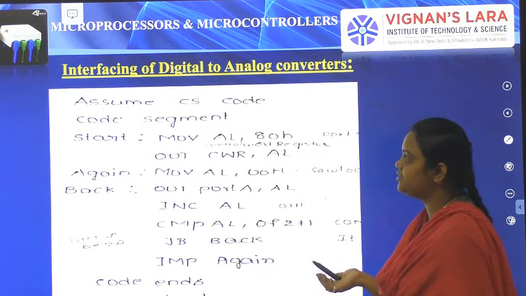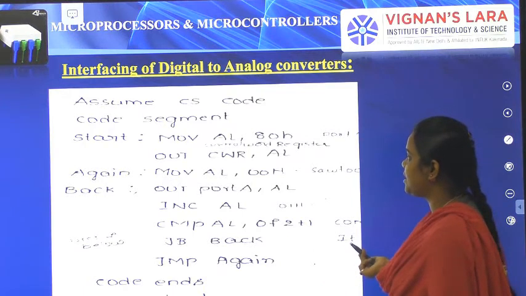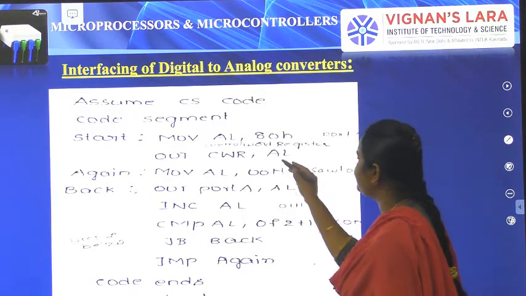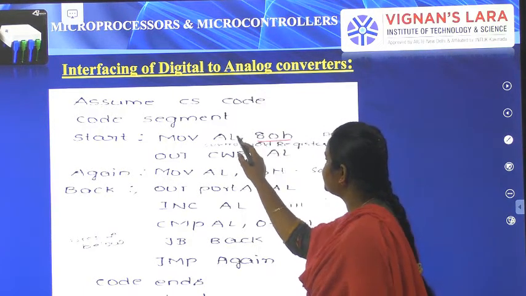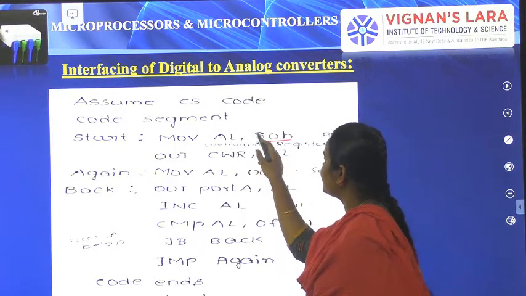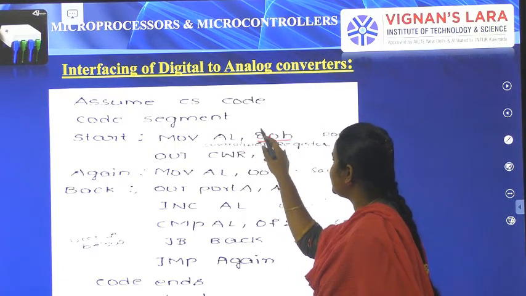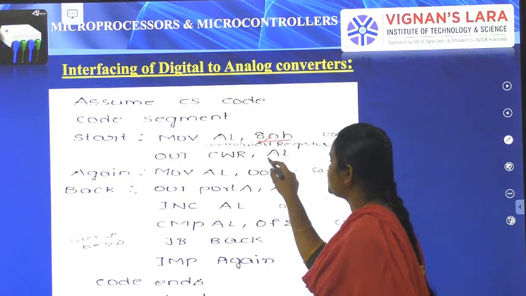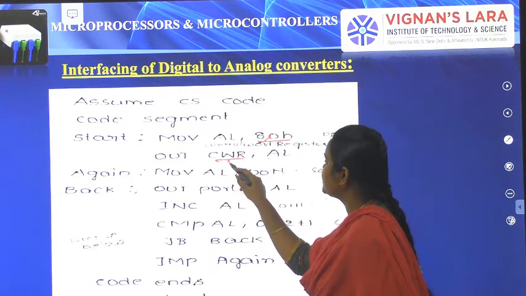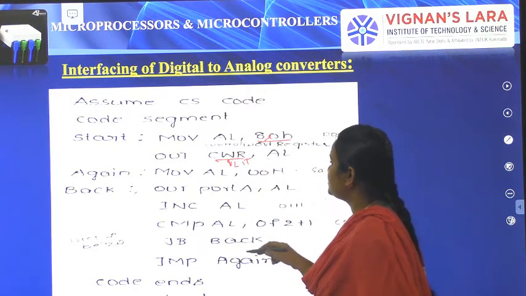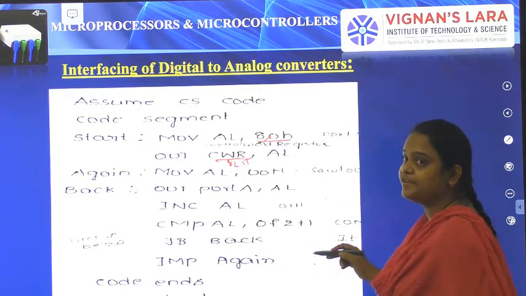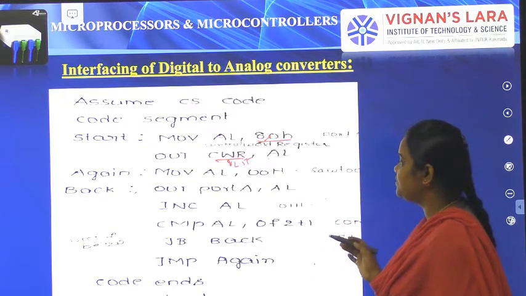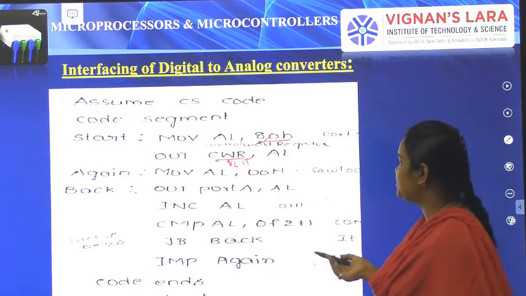This is a program for conversion by a digital to analog converter. See here, first of all we initialize the AL register of the 8086 with 80H. With this 80H we initialize the CWR. The CWR register is an 8255 register, which initializes the 8255 for transferring information from the 8086 to input or output devices.